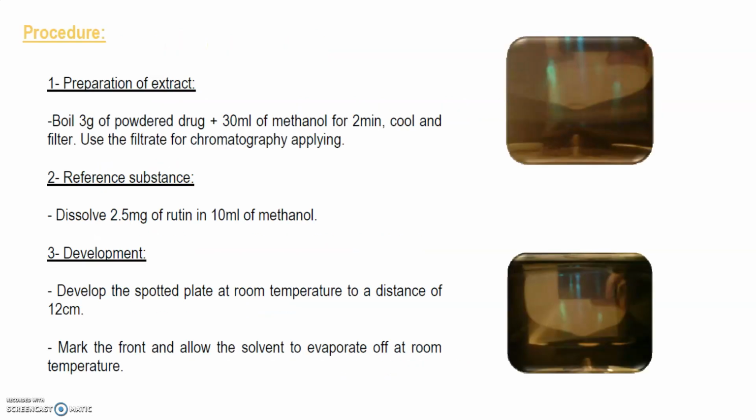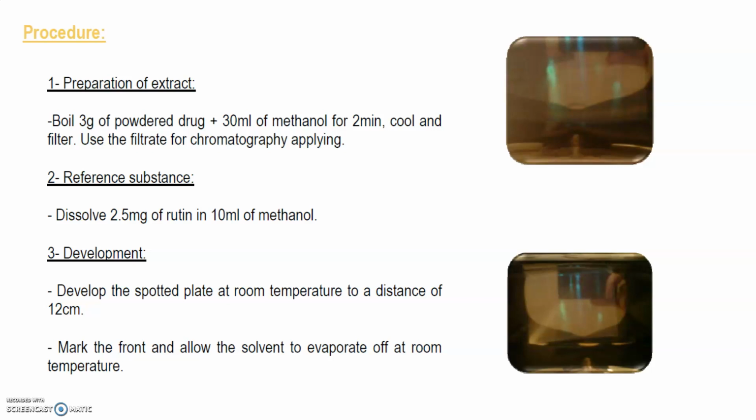Now the procedure: preparation of extract. Boil 3 grams of powdered drug with 30 ml of methanol for 2 minutes. Cool and filter. Use the filtrate for chromatography. Reference substance: dissolve 2.5 mg of rutin in 10 ml of methanol. Development: develop the spotted plate at room temperature to a distance of 12 cm.